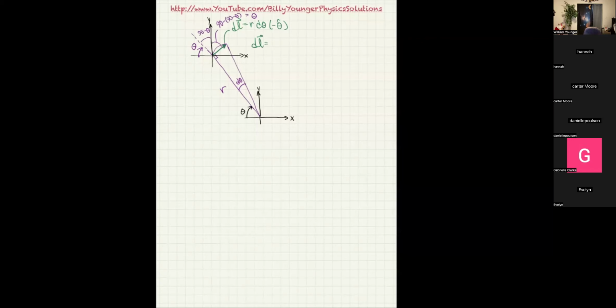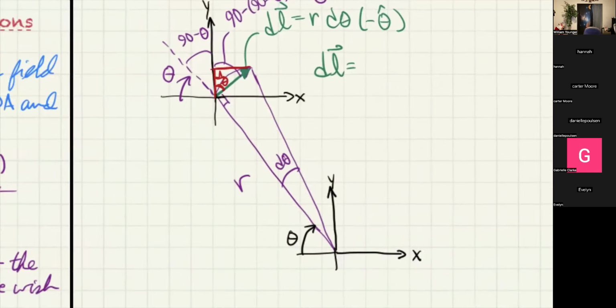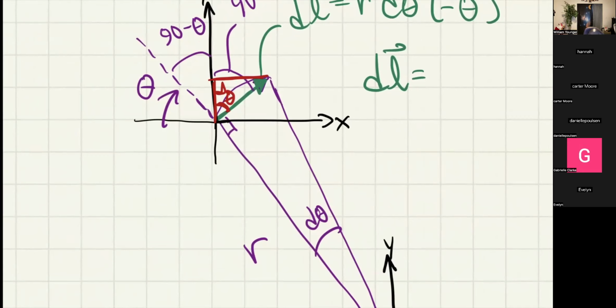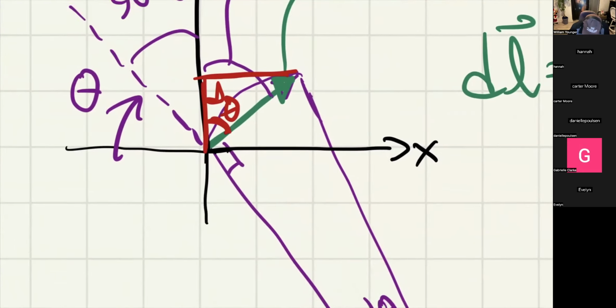So I'm picturing a right triangle. Let me picture it in red so we can see what's going on here. I'm picturing a right triangle that has these two components. And remember, this angle down here is theta. So I didn't have to make it that small. That's just how good I am. Sorry. Okay. So that's what we're looking at.